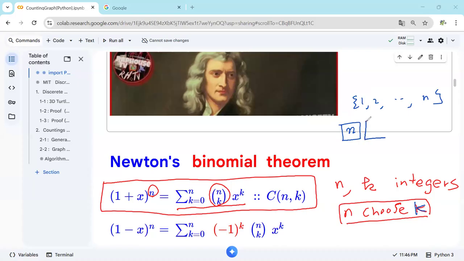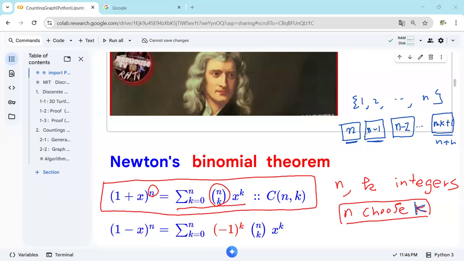Since we selected one already, n minus one elements are left, so there are n minus one possibilities for the second one. The third one has n minus two possibilities, etc., and the last one has n minus k plus one.